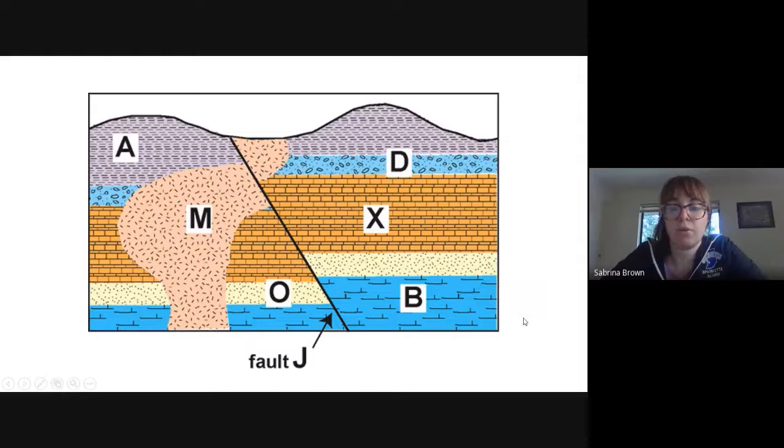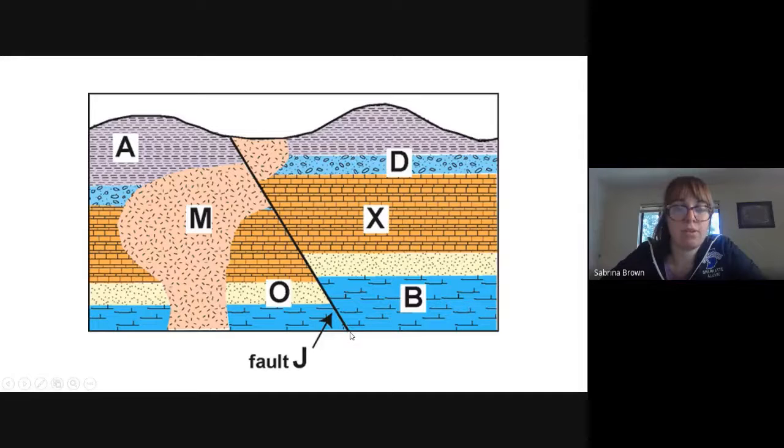All right, so our oldest layer is B. Then next is O. Next is X. Next is D, then A, and then we have two cross-cutting relationships here. We have M, which is our igneous intrusion, and we have J, which is our fault.